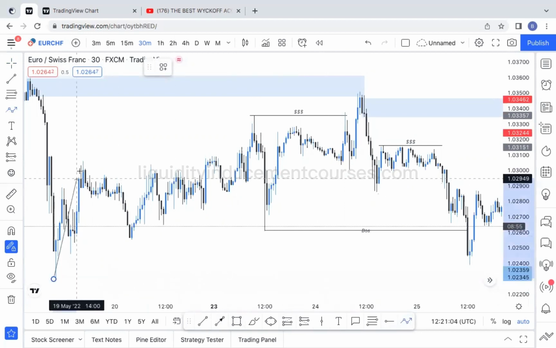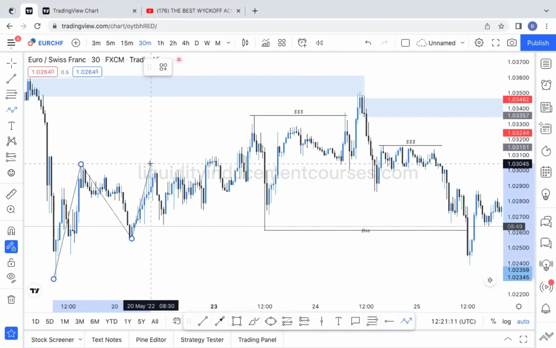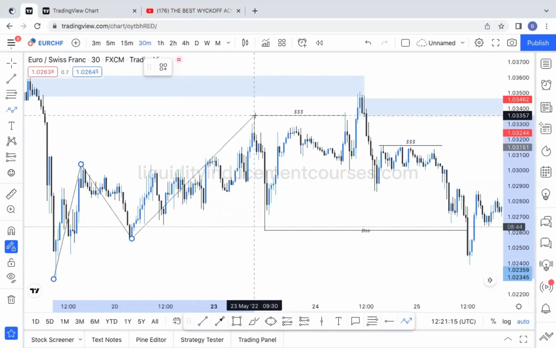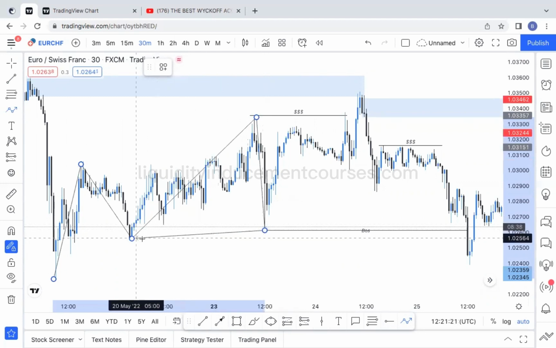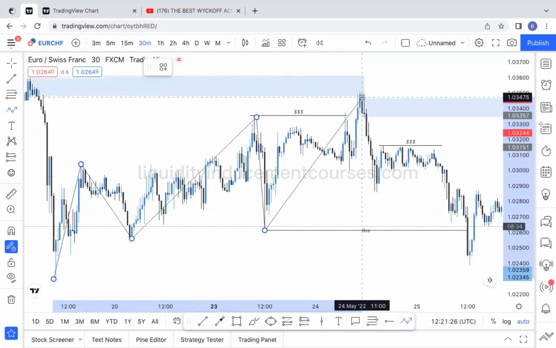We've had higher highs, higher lows. This was still within the range, so I will not call this a higher high. So I'll transfer all of that move to this one here, being the next higher high, and this here being the next higher low, because it is higher than the previous low.